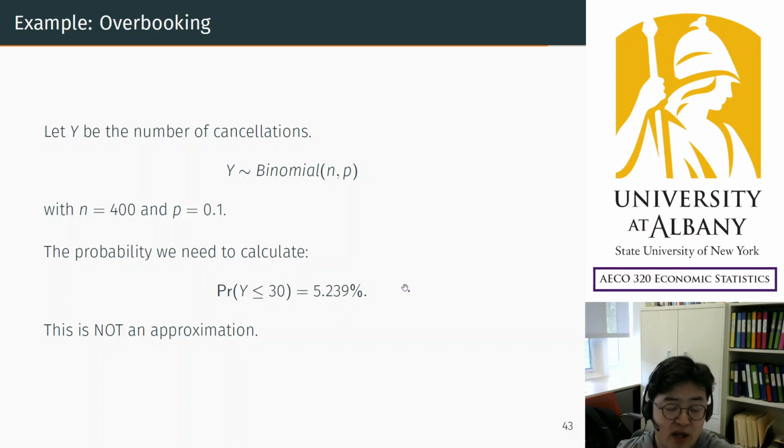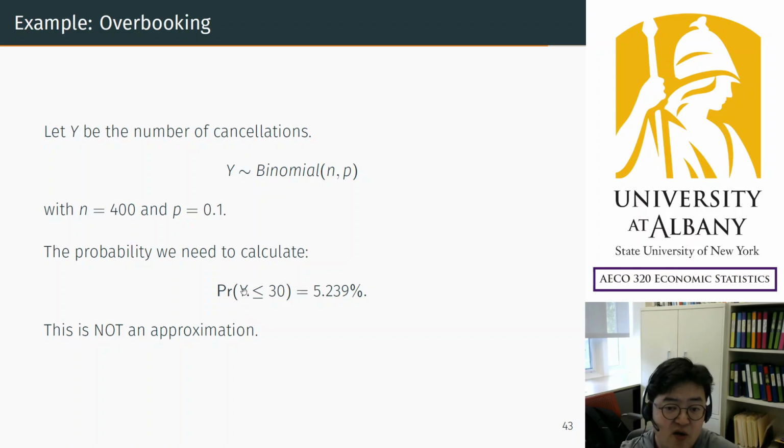By the way, what I want to make sure of here is that this is an exact probability. This is not an approximation. This is under the assumptions. If the assumptions are correct, this is the true probability, with no approximation error. Now I'm going to compare this binomial distribution probability with the central limit theorem approximation, an alternative way.